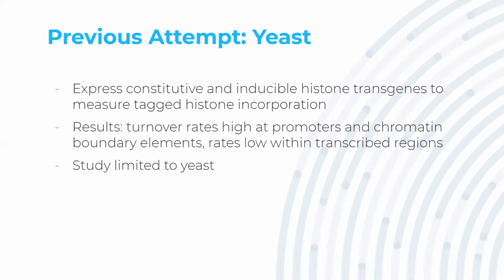Essentially, this study showed that turnover rates were high at promoters and chromatin boundary elements, but were low within transcribed regions. That last part is a little different from what the previous study yielded, but that could just be because they used yeast instead of fruit fly cells.